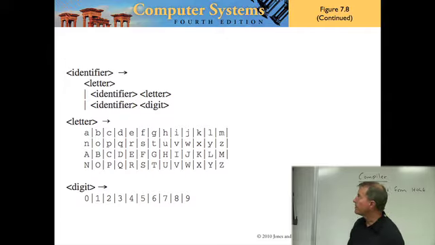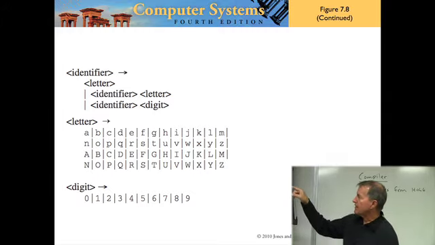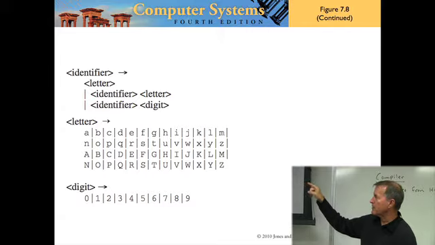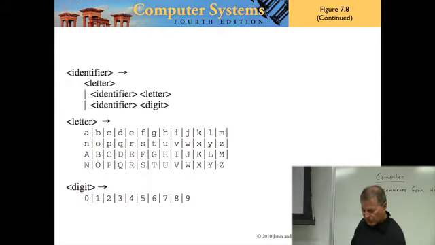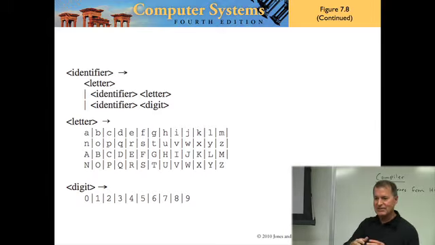In this figure 7.8, notice that one of these rules of production is identifier, which produces a letter, or an identifier followed by a letter, or an identifier followed by a digit, and then letter produces A, B, C, D. And eventually this whole thing goes back to those, which are used by these other rules, and so on.